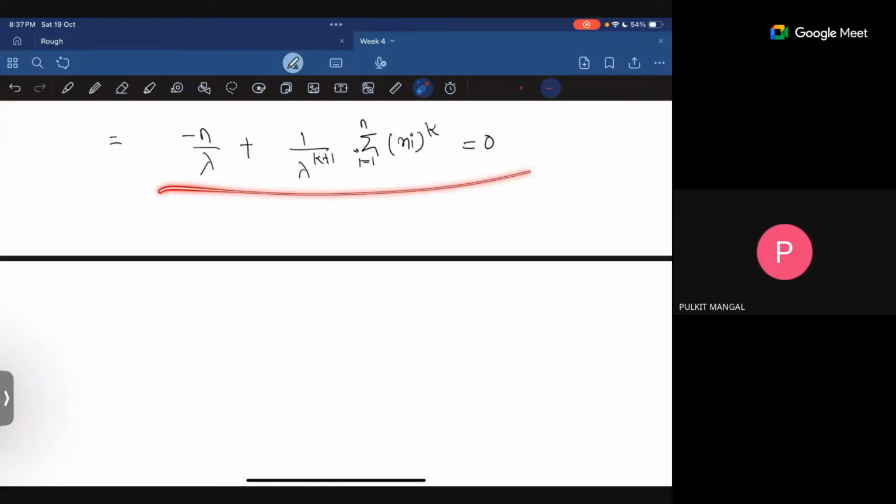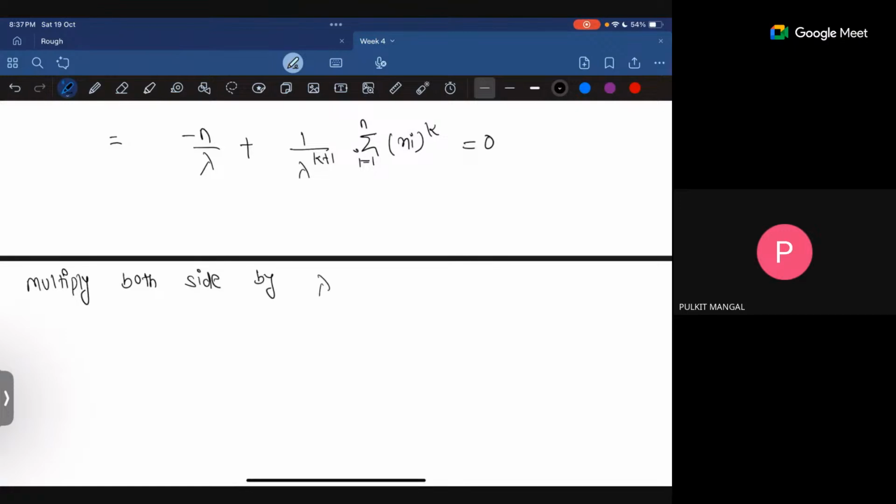Now I will multiply both sides by lambda power k plus 1 so that we get rid of this denominator. For the expression minus n by lambda, if you multiply it with lambda power k plus 1, what do you get? Minus n lambda to the power k. Correct.